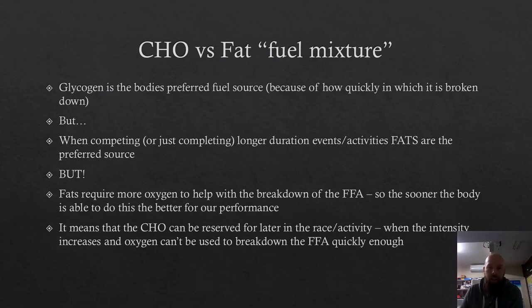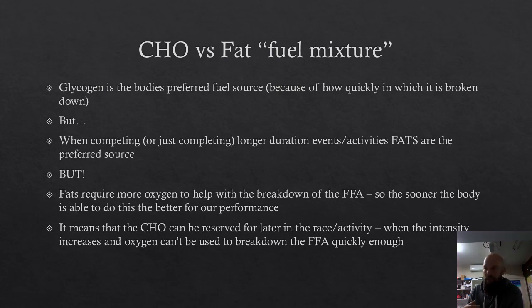Okay, the carbohydrates versus fats as a fuel mixture. Like we said, glycogen is the preferred fuel source because it's broken down quickly. It doesn't use as much oxygen, so on and so forth. In the longer duration events, the fats are the preferred source, but the fats require more oxygen to break down the fatty acids.